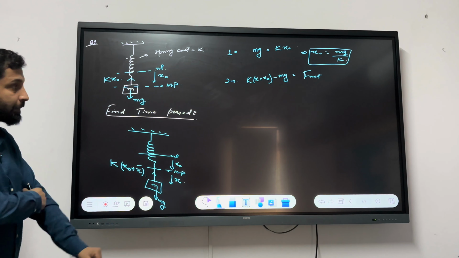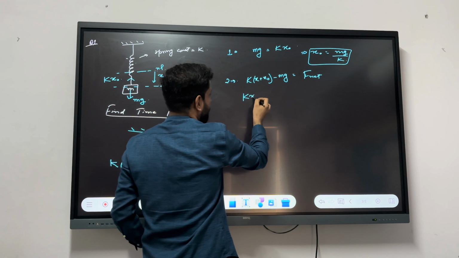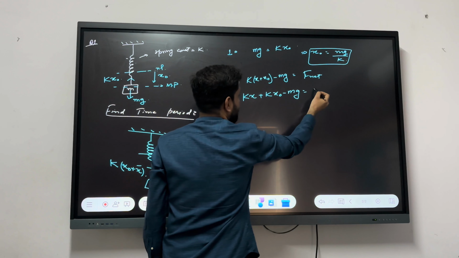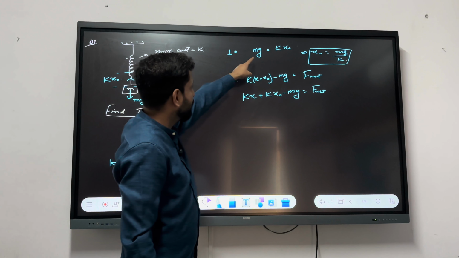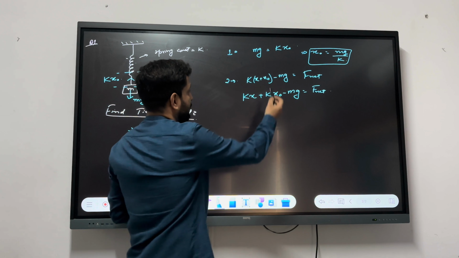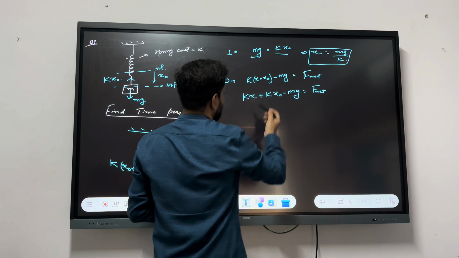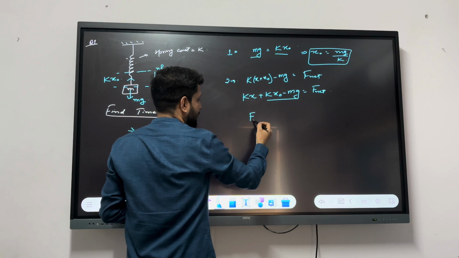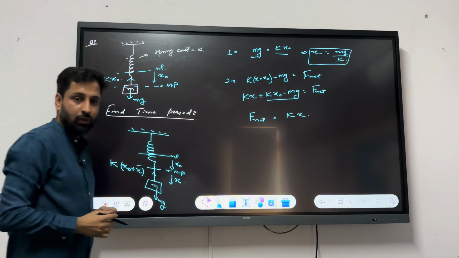Now this is kx plus kx naught minus mg, equal to F net. Now from the first equation we know that mg is equal to kx naught. So kx naught minus mg is equal to 0. So we can say that F net is equal to kx.